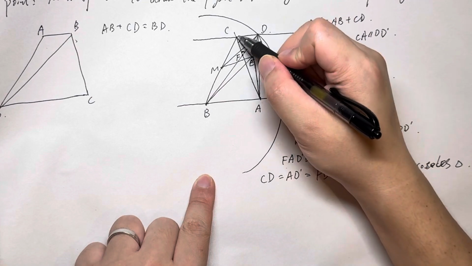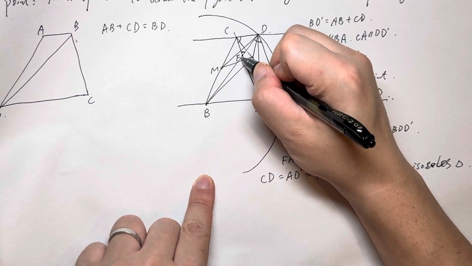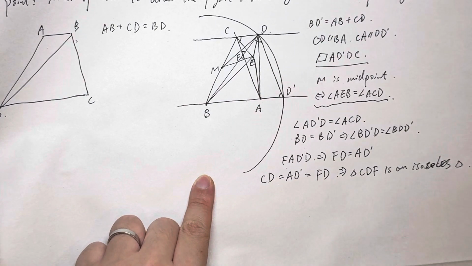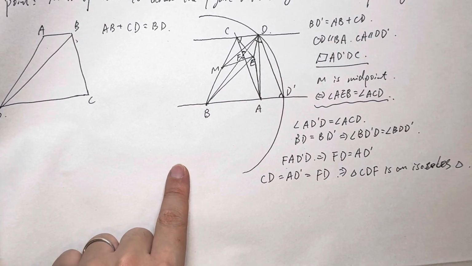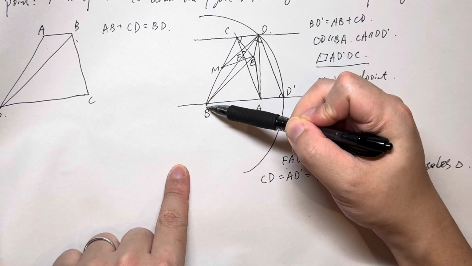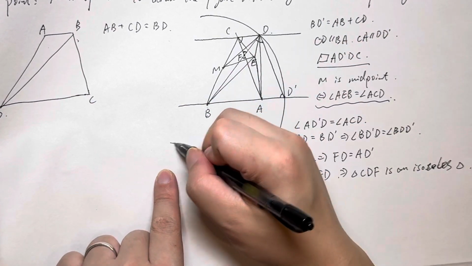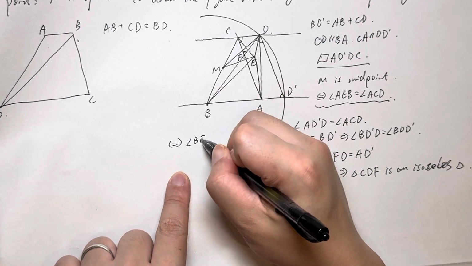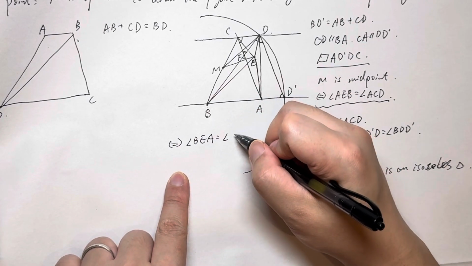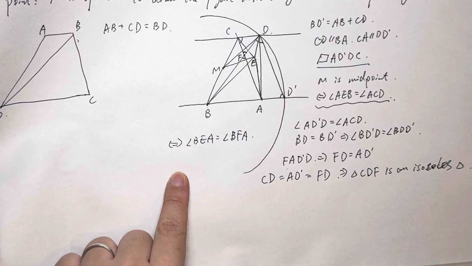And we know that angle CFD equals angle BFE. And we actually want to prove that angle BEA equals angle ACD, which means we want to prove angle BEA equals angle BFA, right?